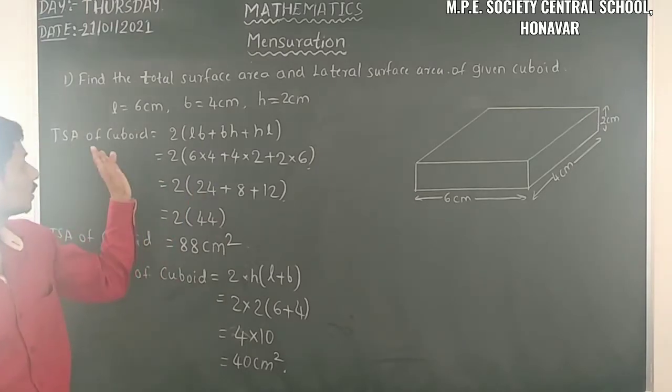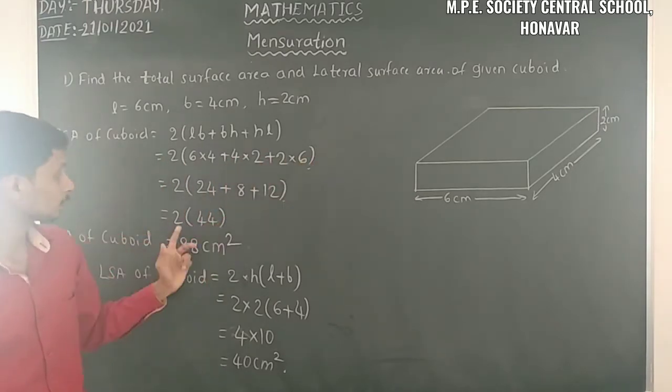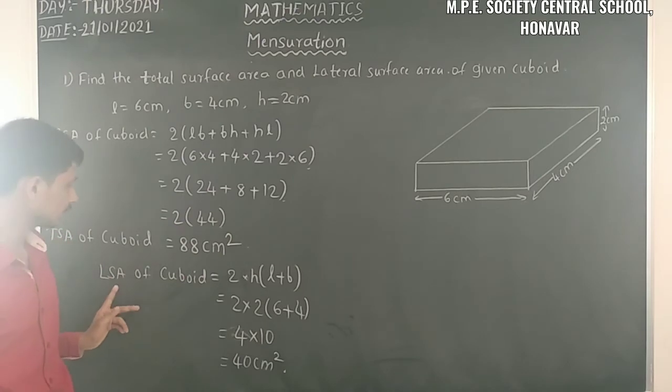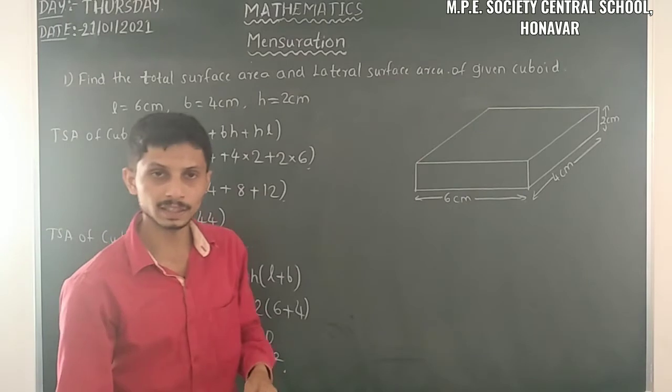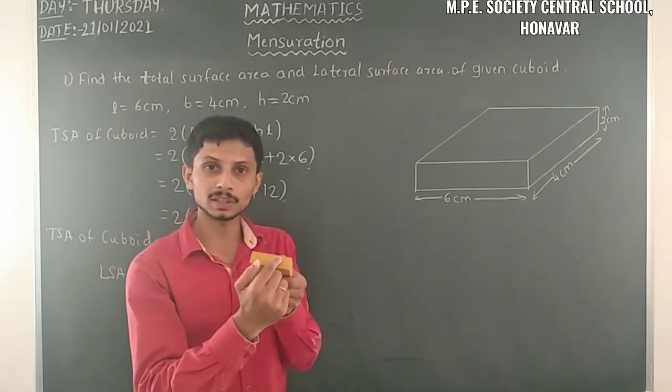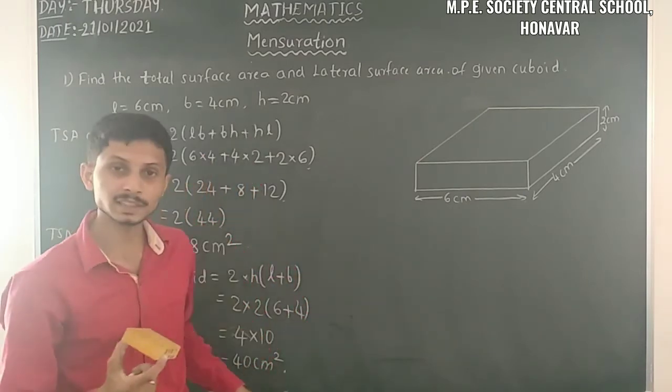So here we found out the total surface area of this cuboid is 88 centimeter square, and the lateral surface area, that is the surface area of only 4 surfaces, the parts we can touch, is 40 centimeter square.